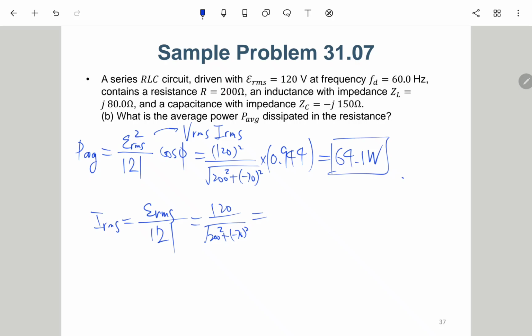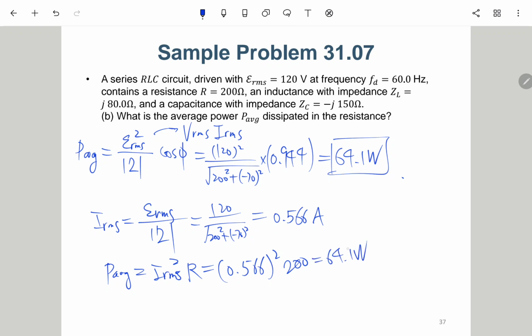This is I RMS. In this case, P average can be written as I RMS squared times R, which is 0.566 squared times 200. So this is also 64.1 watts. This is another approach.